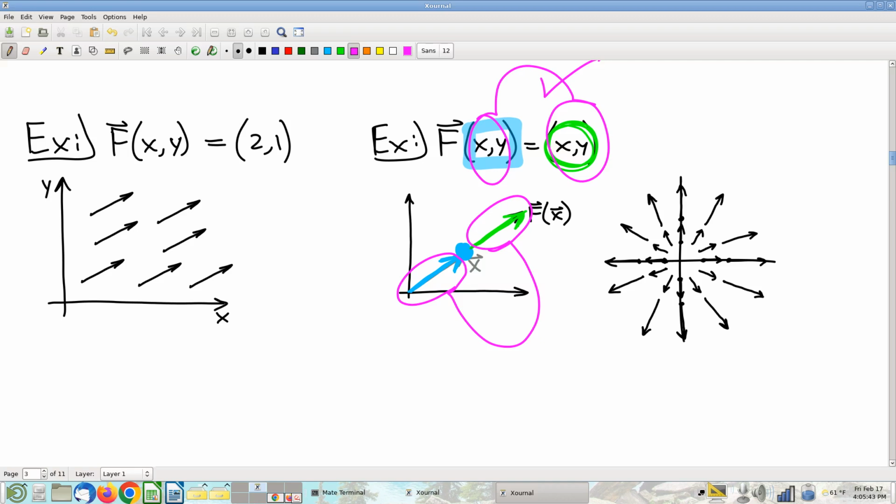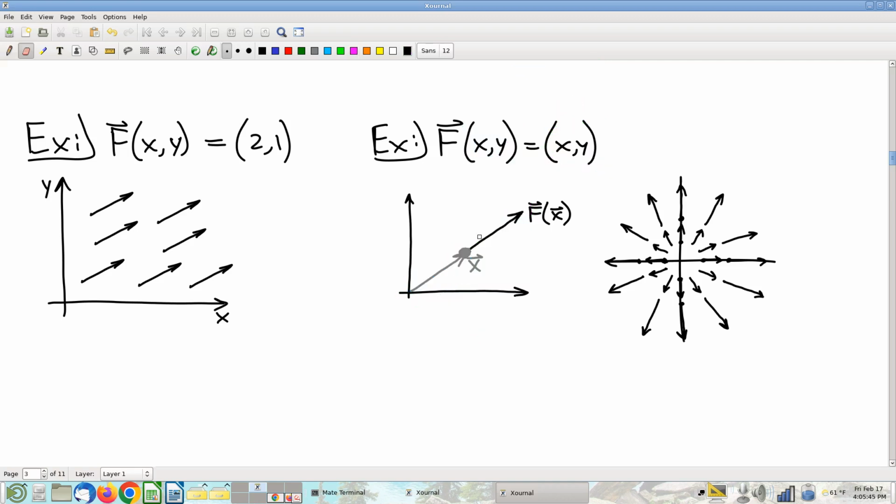So if you repeat this for a bunch of different points, notice that wherever you might happen to be, the field vector is always going to point away from the origin, radially away from the origin, and with magnitude equal to the distance from the origin. And so altogether then that gives you this picture right here.